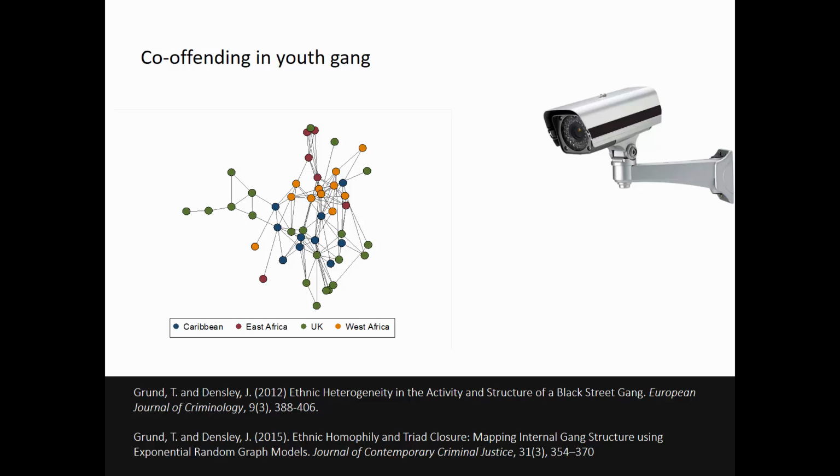It was one youth gang, and they were actually all black, but there's more than just the black youth gang or the Hispanic youth gang; there's ethnic diversity within the gang. That was the whole point of this paper. Some of them are of Caribbean descent. They're from Jamaica. Others are from East Africa. Others from the UK. Others from West Africa.